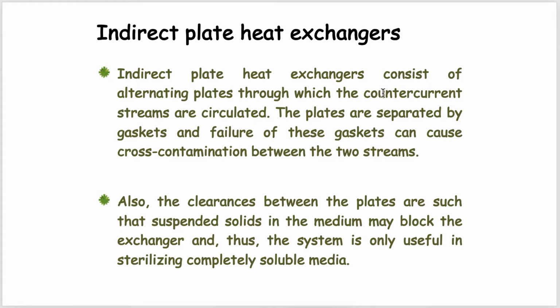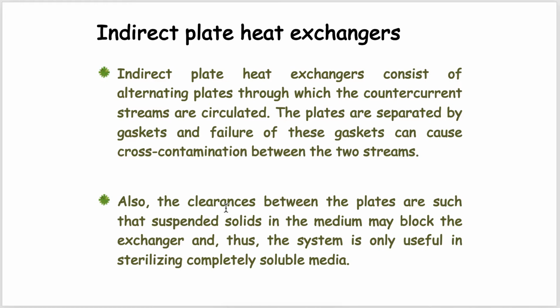As I just said, a failure of the gasket can cause contamination between the two streams, that means between the steam and the media. The indirect plate heat exchanger has some additional disadvantages. For example, the clearance between the plates is not as good as in the spiral heat exchanger.